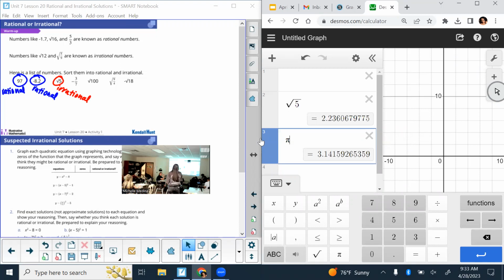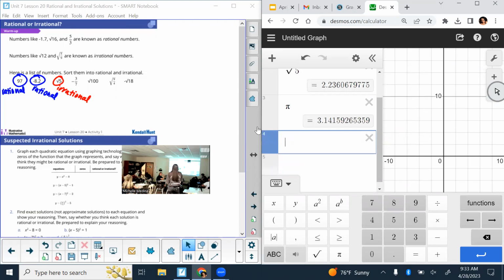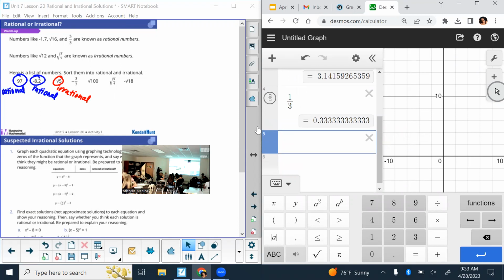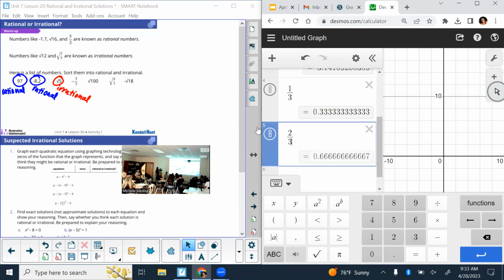But I did mention there are decimals that go on forever, but they do repeat, like 1/3. All right, 0.3 repeating. Is that rational or irrational? Rational, because it repeats. Then even like 2/3, for example, rational or irrational?